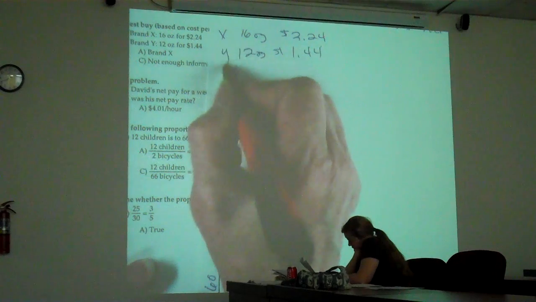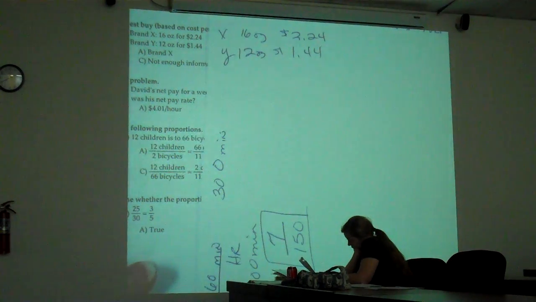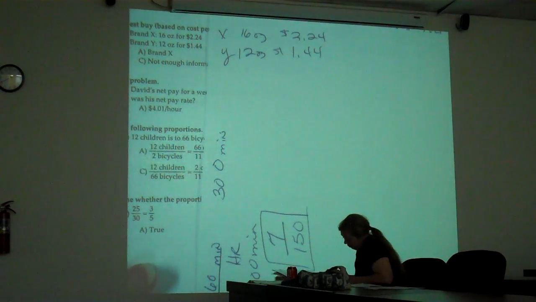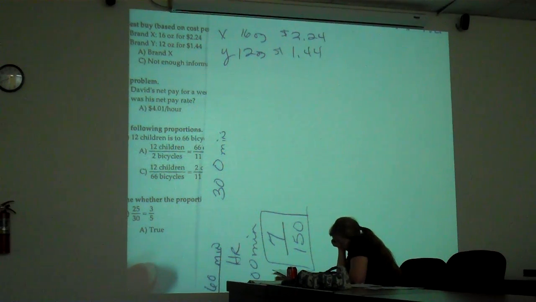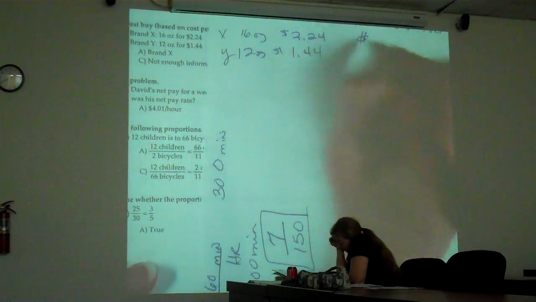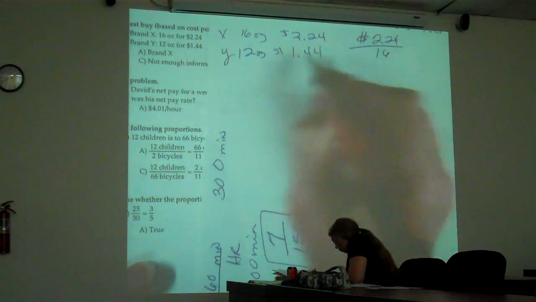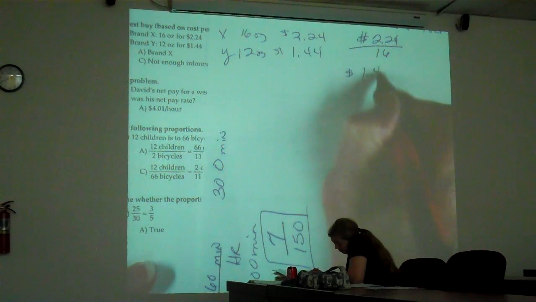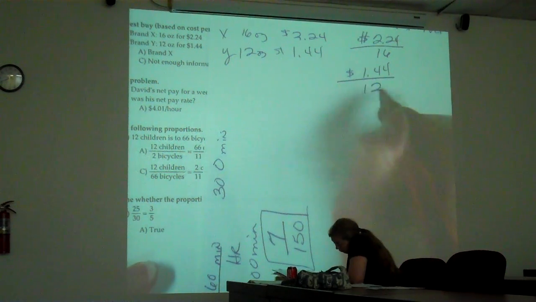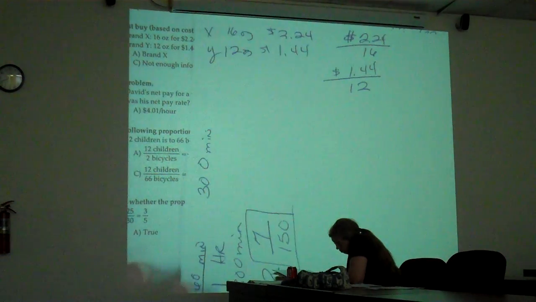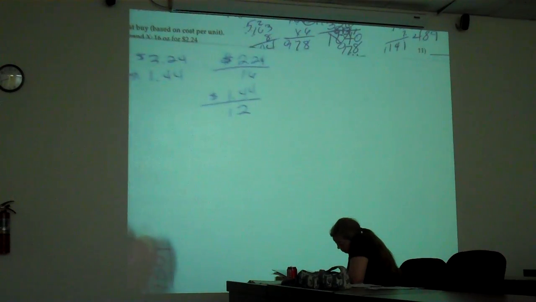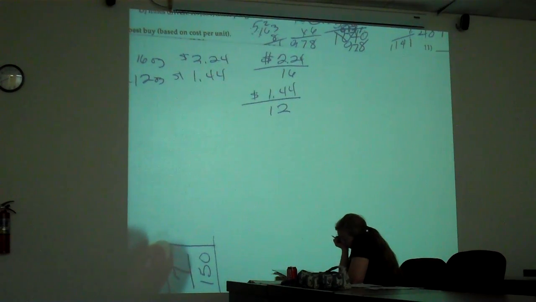How do you find how much you're buying there, your unit rate? You're going to do the dollar amount divided by how much is in it. 224 divided by 16. This one will be $1.44 divided by 12. Right? All right. So let's do that.